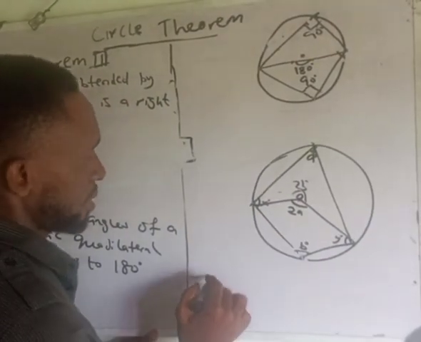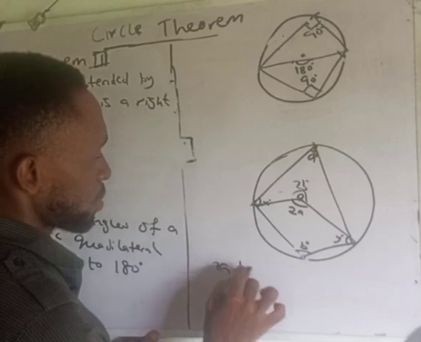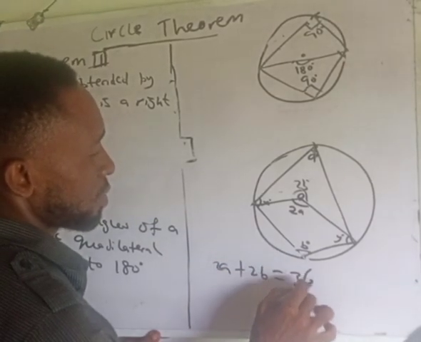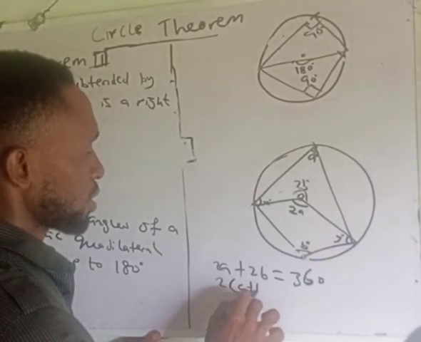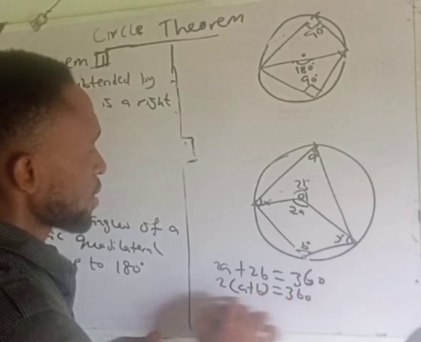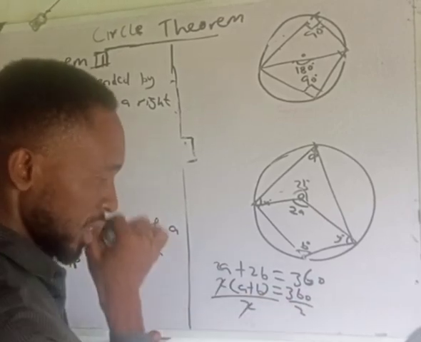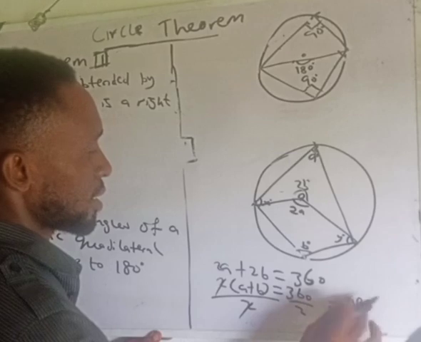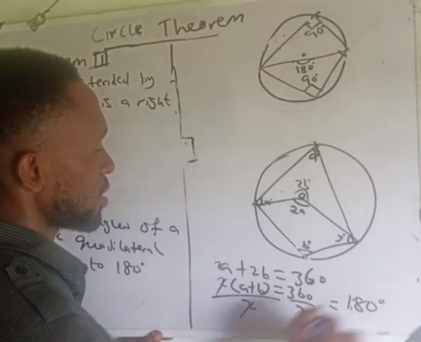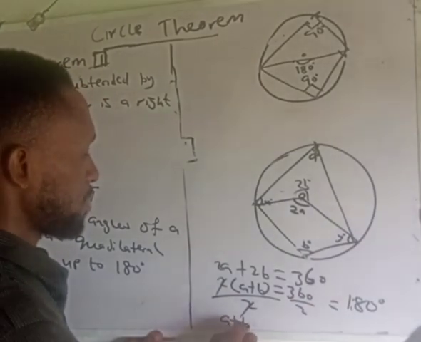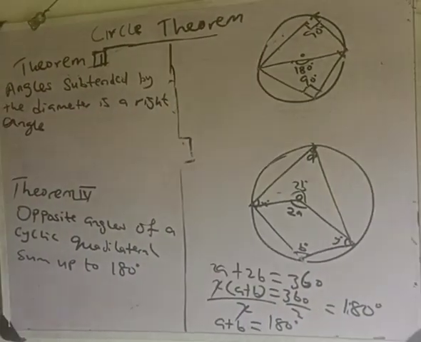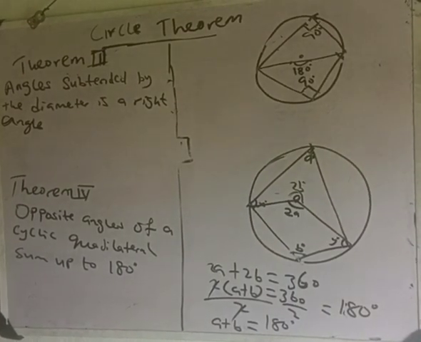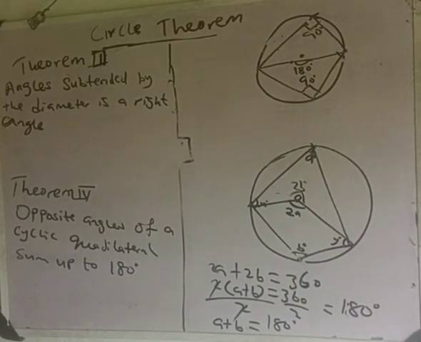So I have that 2A plus 2B is equal to 360, which is the angle at a point, angle within a circle, right? So I can factor out my 2. I have 2 bracket A plus B is equal to 360. When I divide both sides by 2, this will cancel this, and I'll have 180 degrees here. It means that A plus B is equal to 180 degrees. This proves that the opposite angles of a cyclic quadrilateral will give you 180 degrees.